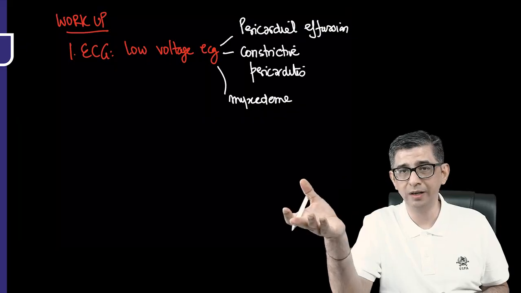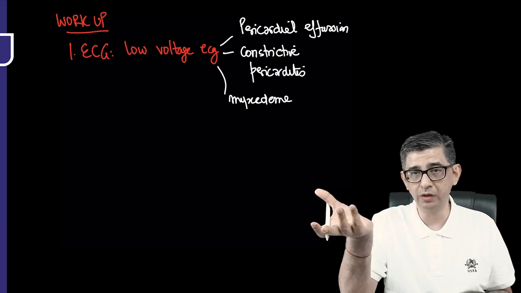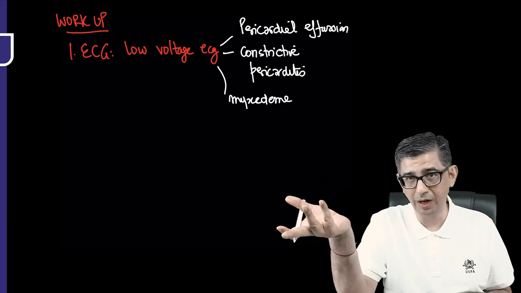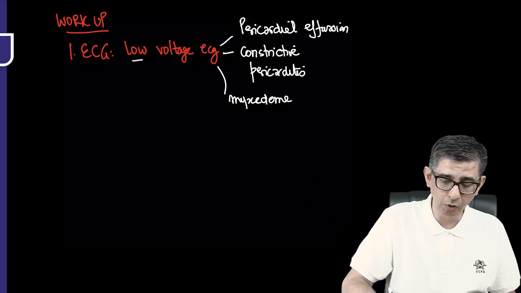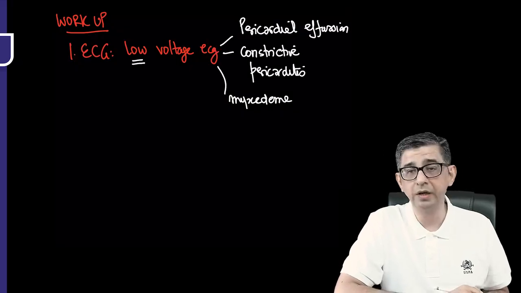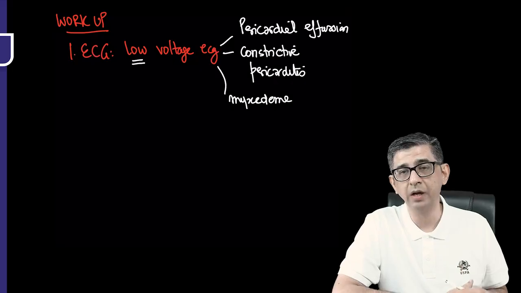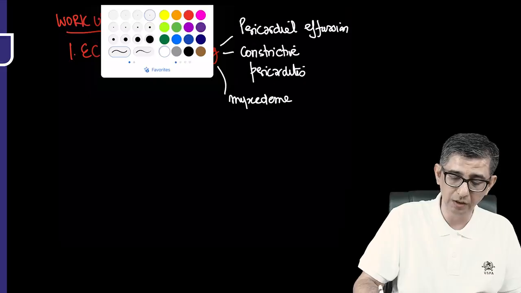Myxedema is after all a lymphedema. So this lymphedema will again contribute, because there's fluid outside the heart, even if that's lymphatic fluid, doesn't matter. It will cause a low voltage ECG. So now we know 4 causes of low voltage ECG: pericardial effusion, constrictive pericarditis, myxedema, and fibrosis in the heart, that is restrictive cardiomyopathy. So this would definitely never be diagnostic.